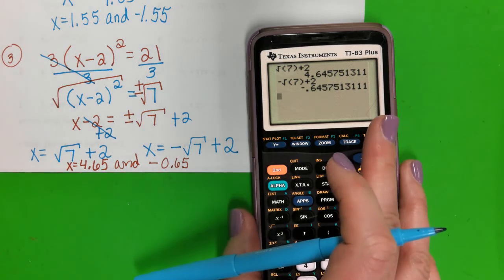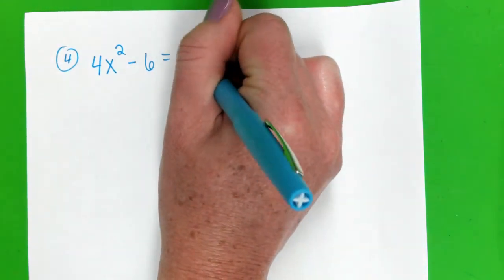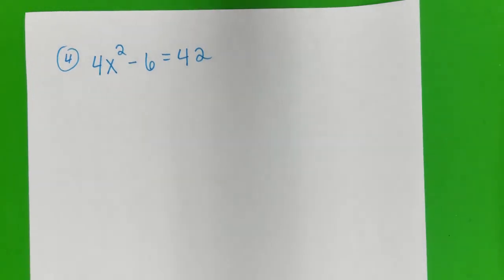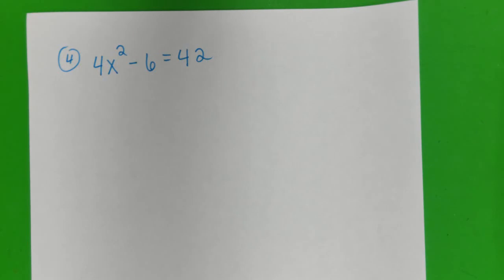Okay, let's do another one. 4x squared minus 6 equals 42. See if you can start that one on your own. All we're doing is inverse operations.